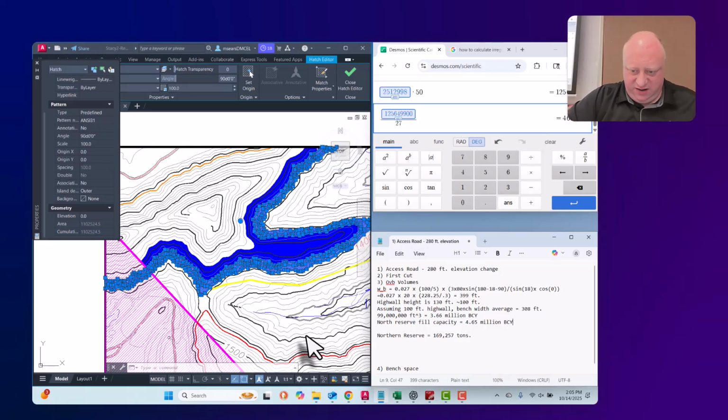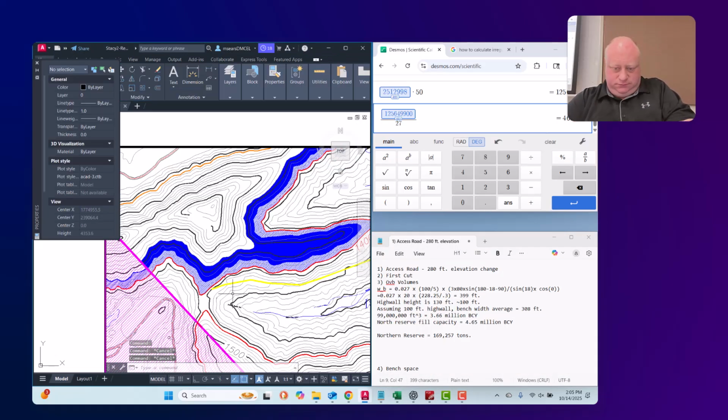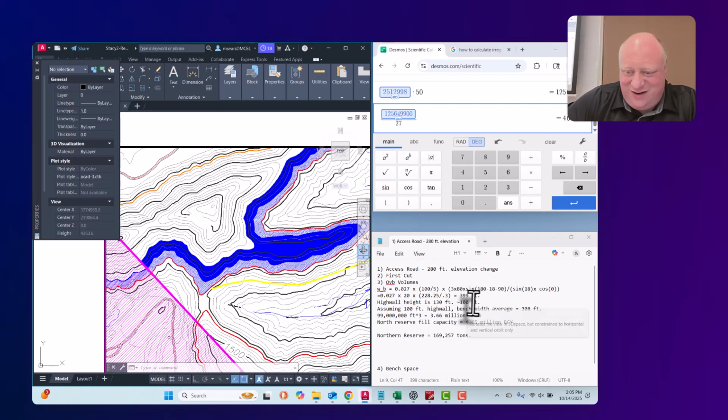So we now have for the North Reserve a bench width, a bench height. Like you can see, because of this point out here, we see that if we do that 100 feet high wall, our average bench width is 300 feet or so, 308 feet.